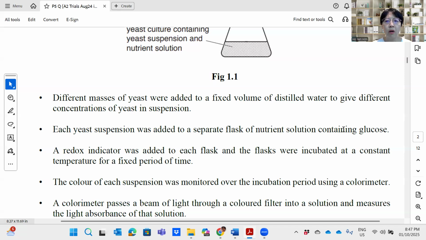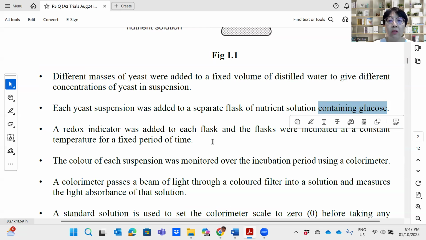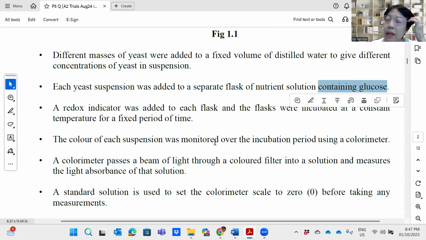So they say that in all of them you put glucose, but they didn't say concentration and volume, right? They tell you it is glucose. You have standardized them in terms of the substrate for respiration, which is glucose, but it didn't mention volume and concentration. Okay, so as you read the question, please underline the keywords so that it's easy for you to identify the content of the experiment.